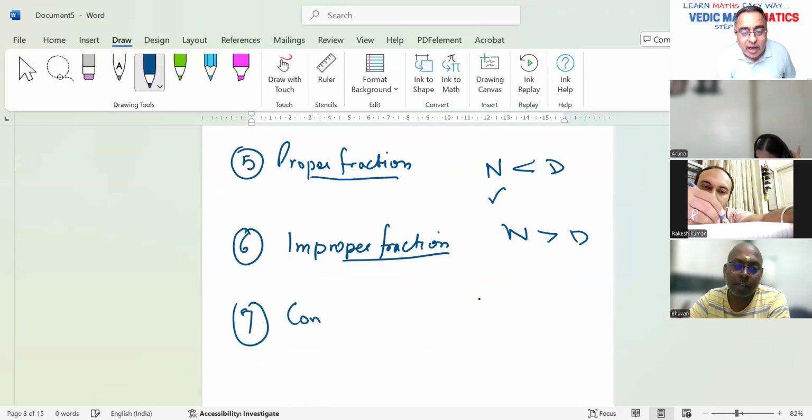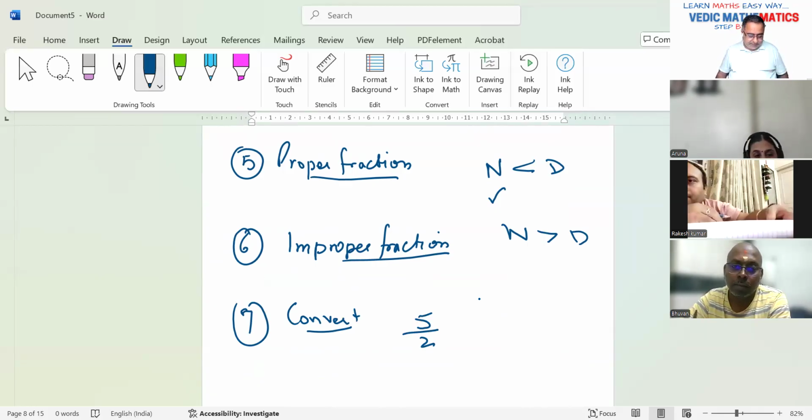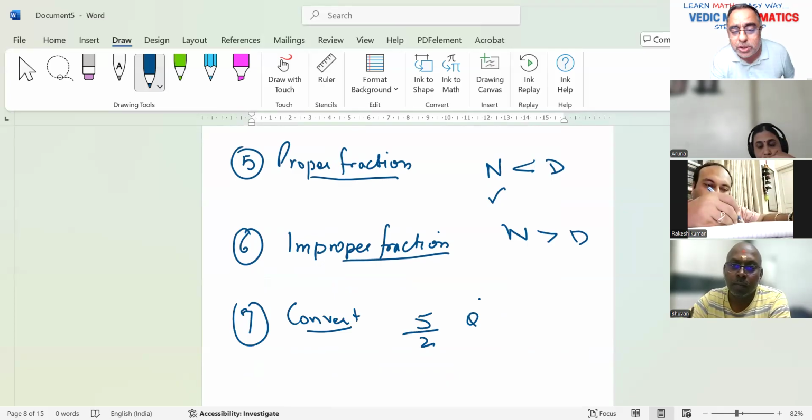So converting, how do we convert? Let's say 5 by 2. So how do we do? Yes, Aruna? So 2 1/2 sir. हाँ, तो simply अगर हम division करें तो quotient is 2, remainder is 1. So quotient is this, 1 is your remainder on top, bottom remains the same.